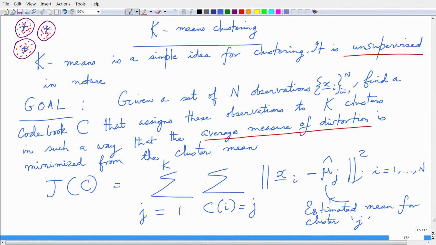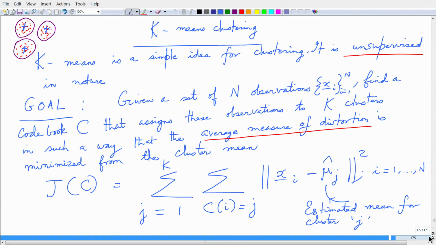That is where this inner summation comes. So, this is basically computing the cluster variance or the total distortion across all the clusters, that is computing the total distortion over all the clusters.